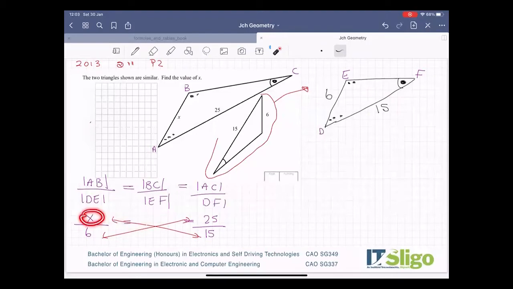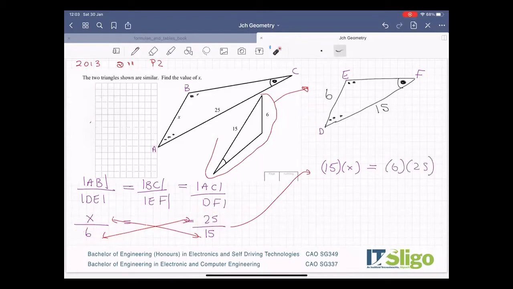So you say that either x times 15 or 15 times x, it doesn't matter the order that you read it in. So 15 times x is equal to the other two bits multiplied, and that's why it's called cross multiply. So 6 times 25.